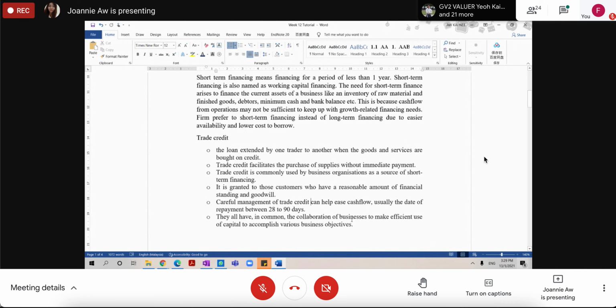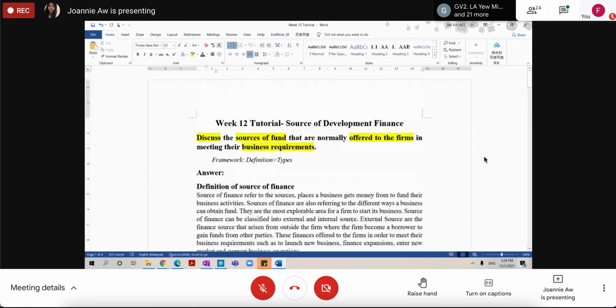Ikhwan already mentioned just now, what is the word that you are supposed to consider? Discuss. Correct. So can you explain what it means by discuss?